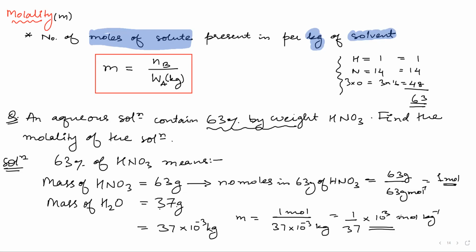You can further calculate 1 by 37 and then multiply it with 10 to the power 3 and get the answer. But as of now, it's fine. Is anyone still writing?